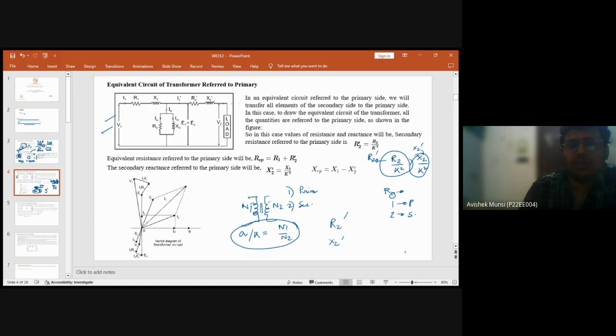So ultimately, if you see from the primary side, the total resistance on the primary side should be R1 plus R2 dash, and the total reactance on the primary side will be X1 plus X2 dash. Since we are referring it here, it is a phasor sum of X1 plus X2.